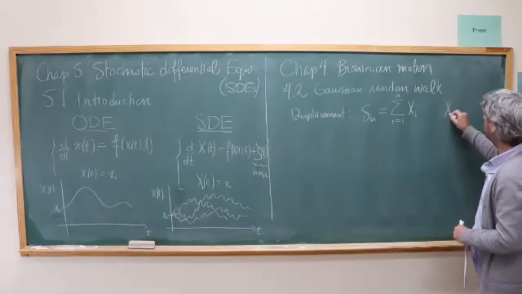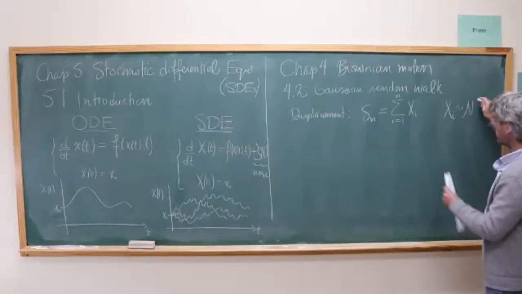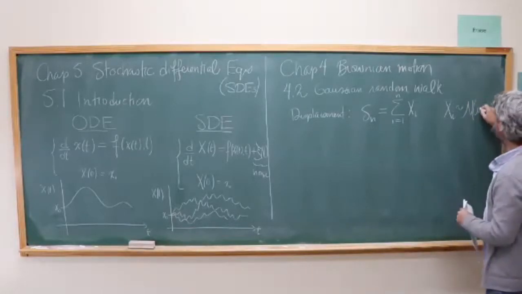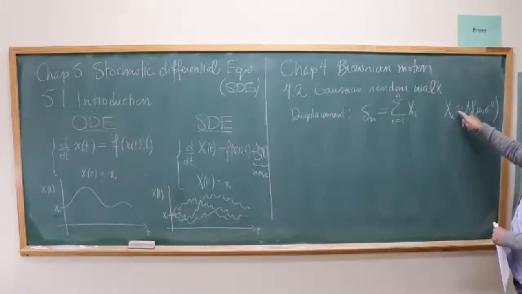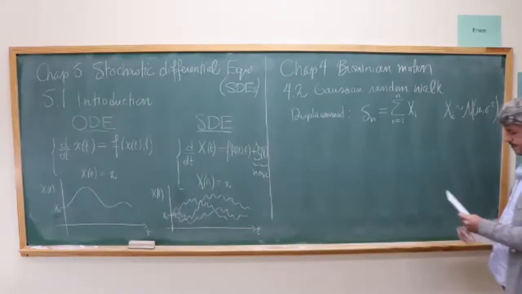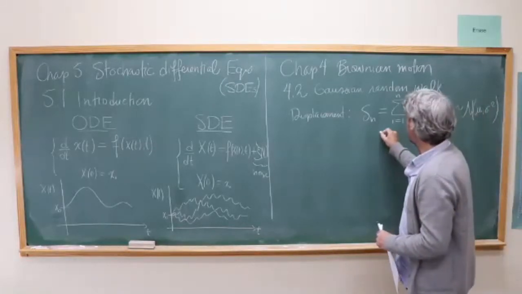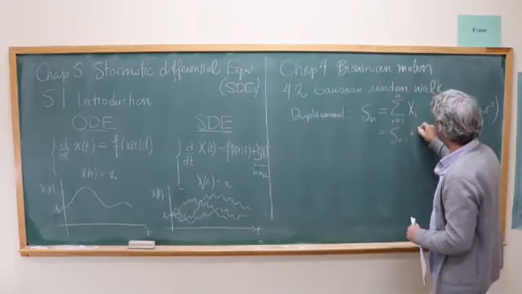It's a Gaussian random walk because I'm going to take each jump to be Gaussian distributed with mean mu and variance sigma squared. So each jump is distributed according to a normal distribution with mean mu and variance sigma squared.